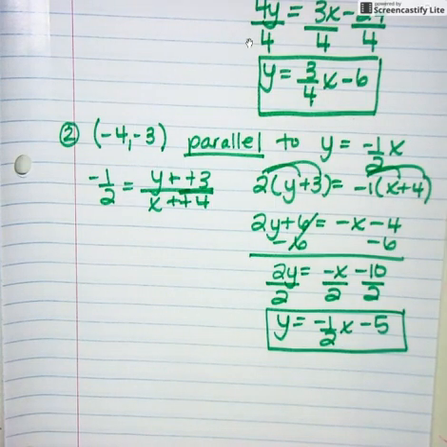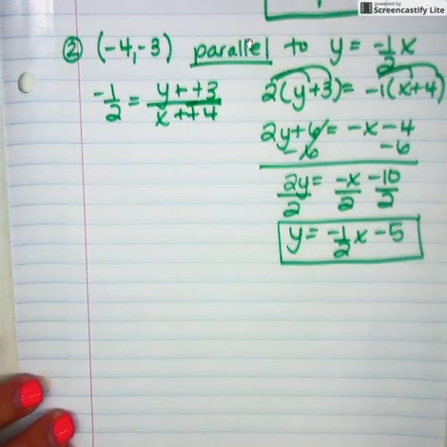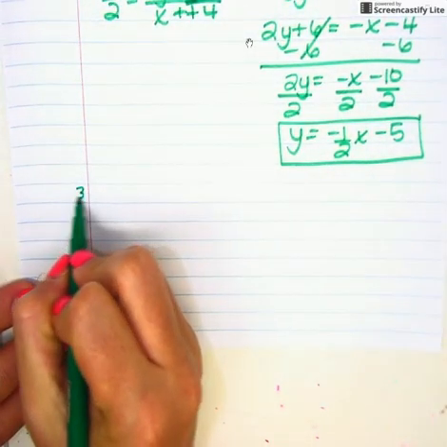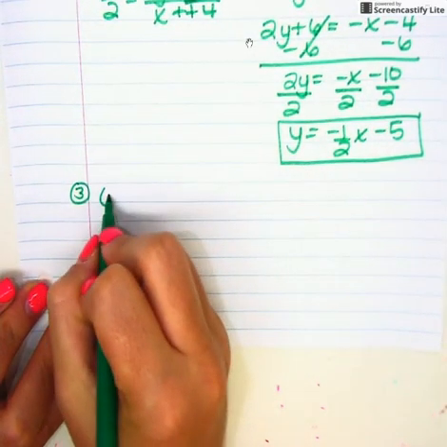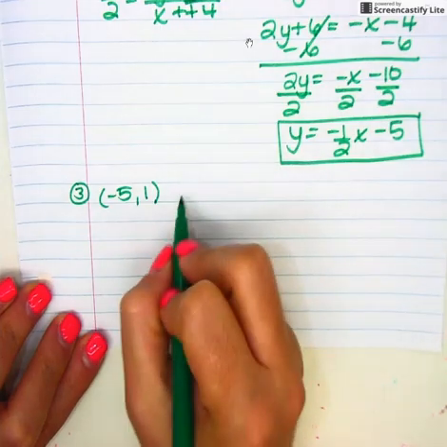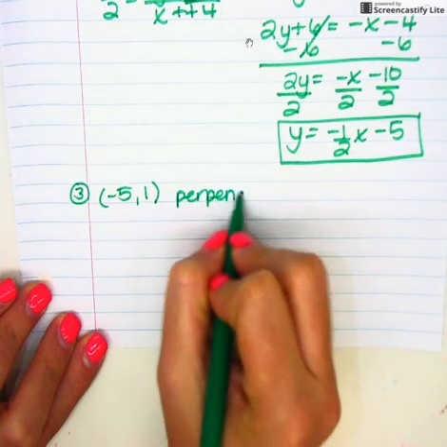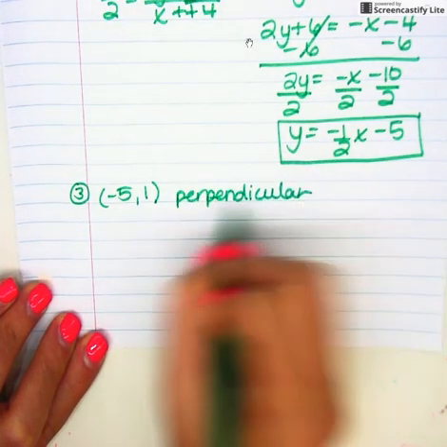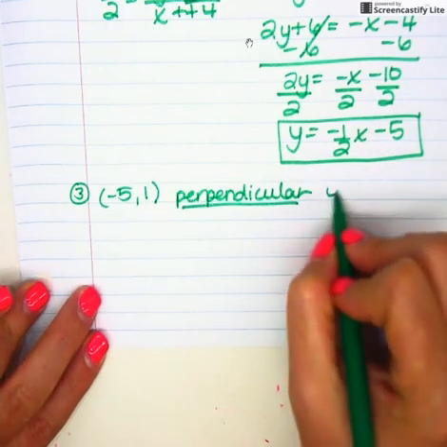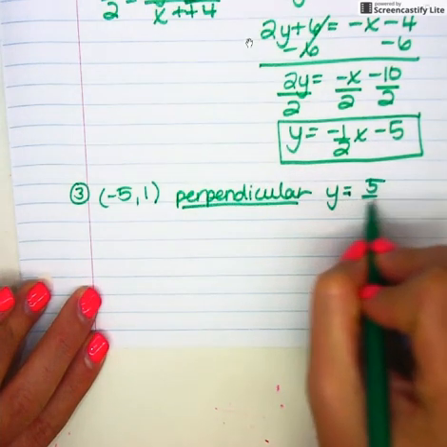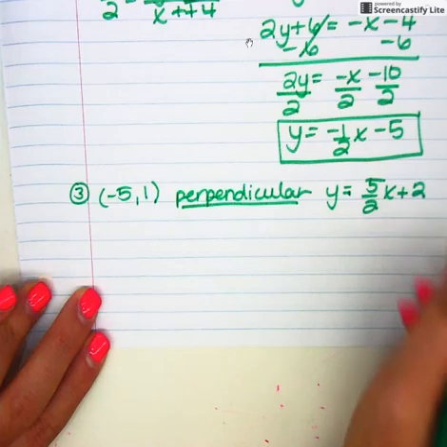All right. Problem number 3 switches it up just a little bit, because it gives us the ordered pair -5, 1, but it says perpendicular. And our equation is y equals 5/2 x plus 2.